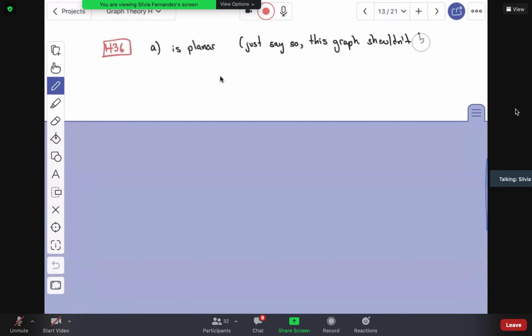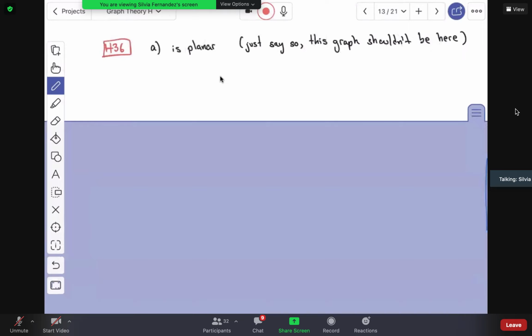So it really shouldn't be there. I imagine that from one version of the book to the other, maybe the problem originally said determine whether or not, or something like that. Anyway, so that's a typo.